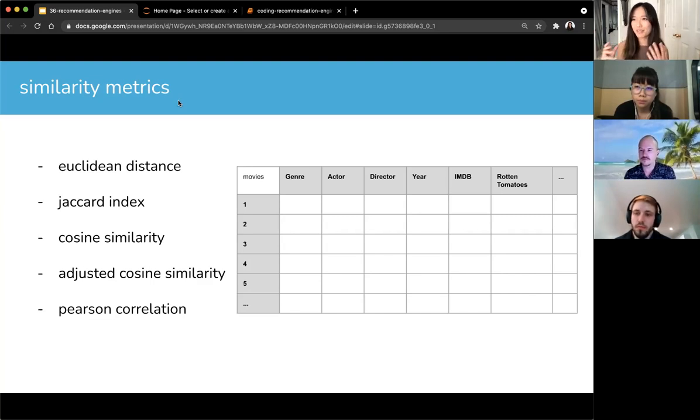The model has no idea whether I will like other movies or not, and there's no way to verify that. Of course, you can verify it after the fact, like if I start watching this other movie and stop watching 5 minutes in, but validating content-based recommendation engines gets a little bit trickier. There's actually no way to validate or verify that your recommendations are good until you actually see how people react to them. So do keep that in mind if you're building some sort of content-based recommendation engine.